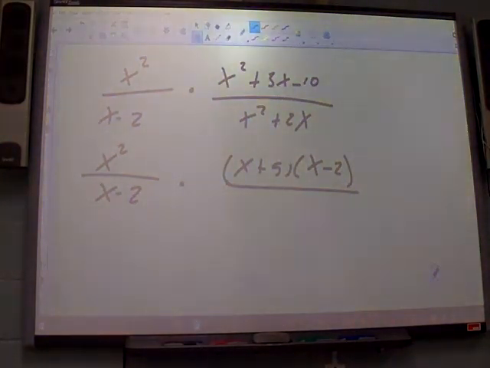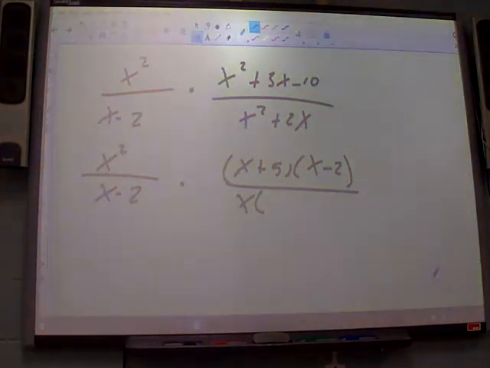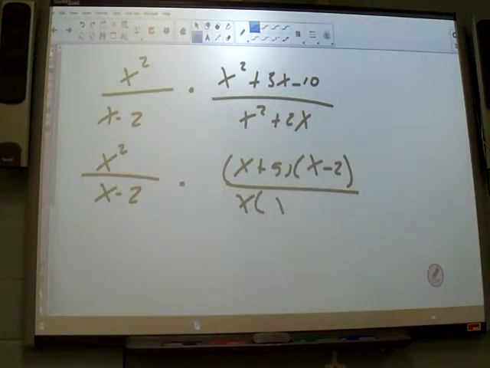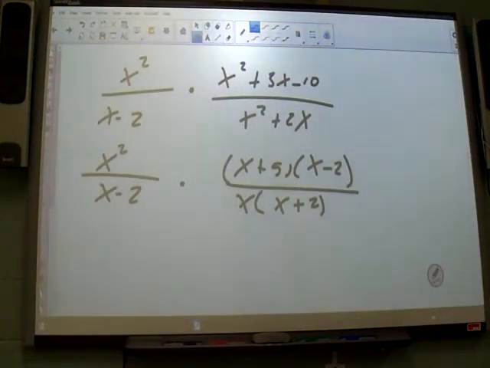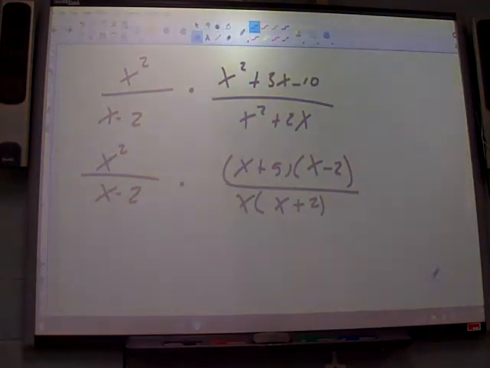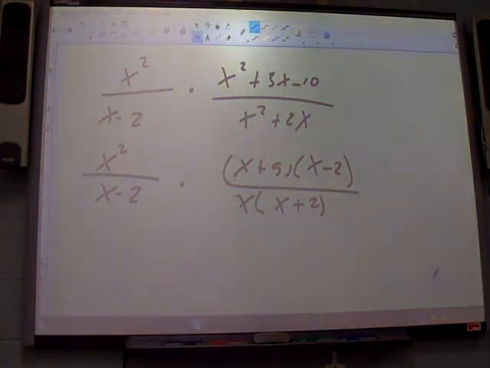It's got a GCF, X. Just take X away from both of these. That just leaves you with an X plus 2. Now it doesn't matter which side of the multiplication sign you're on. If you've got something on top and exactly the same thing on bottom, you can get your ninja sword out. So the only thing I see that's exactly the same is right here.